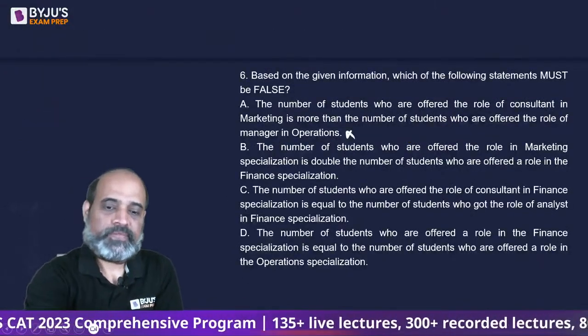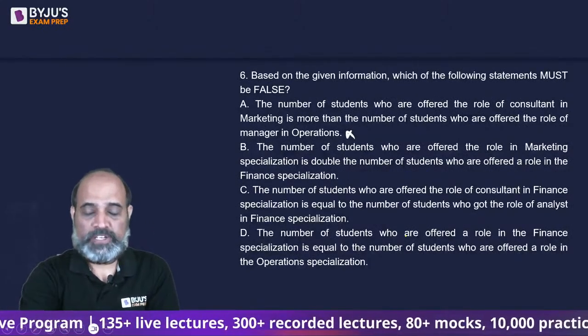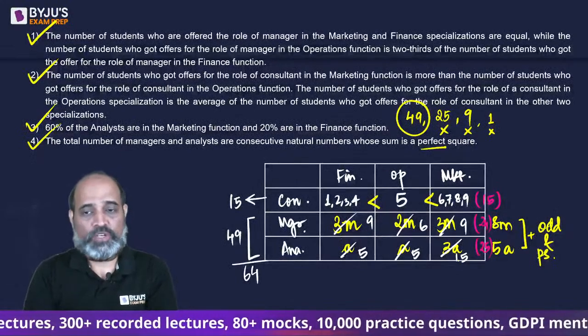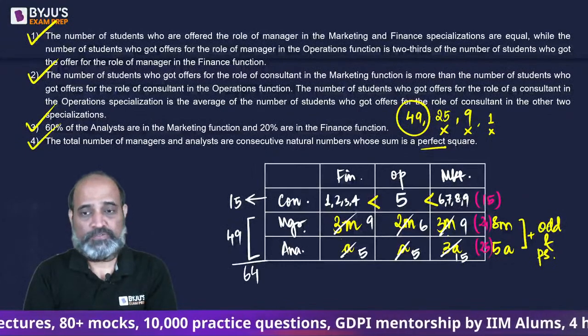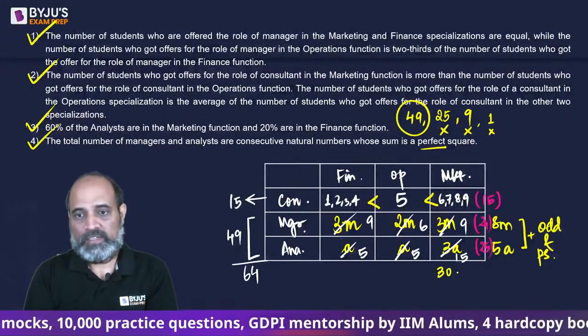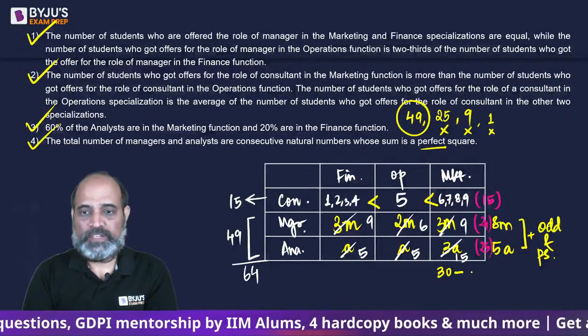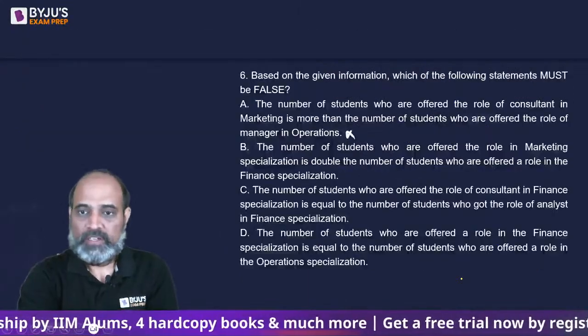Next one. The number of students who are offered the role in marketing specialization. So in marketing specialization, what is the number of people who can receive that role? So we will have 9 plus 6, 15, plus 15, 30. Going up to 9 plus 9, 18, 18 plus 15 being 33. So 30 to 33 we can have there.